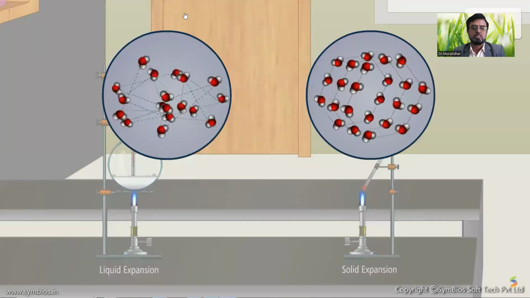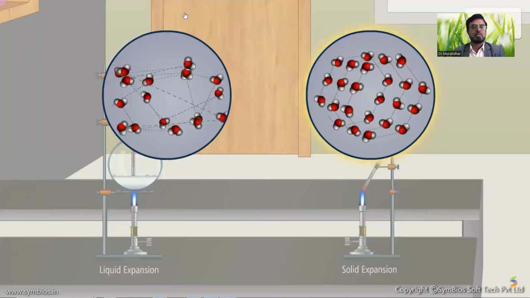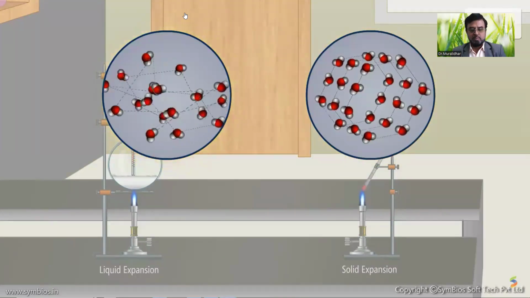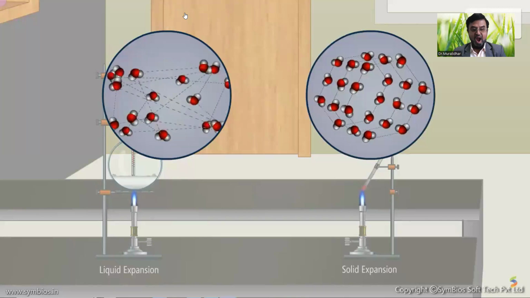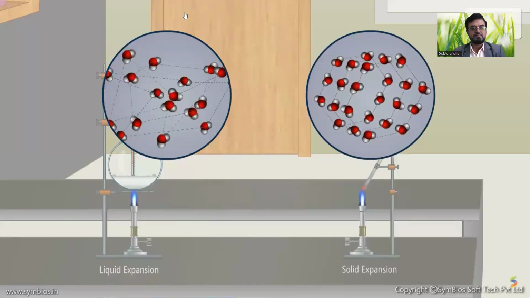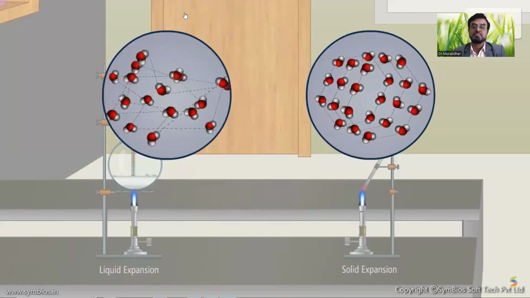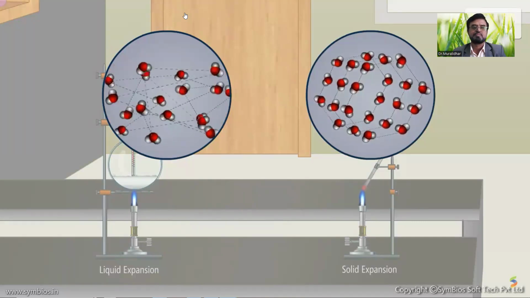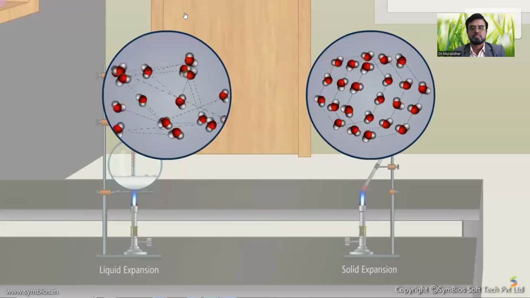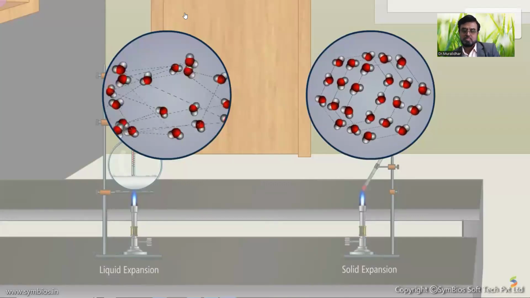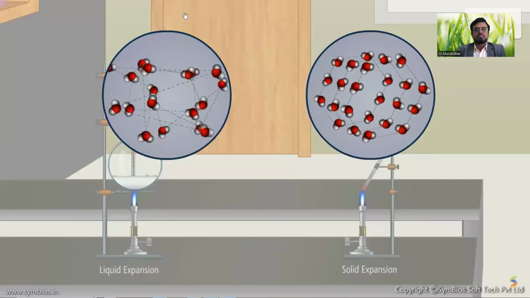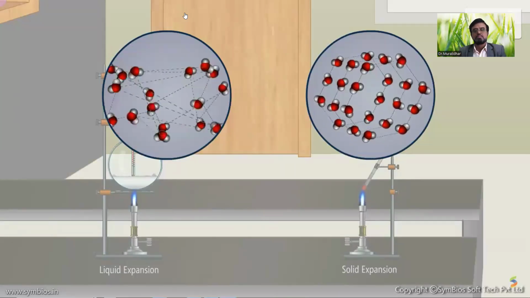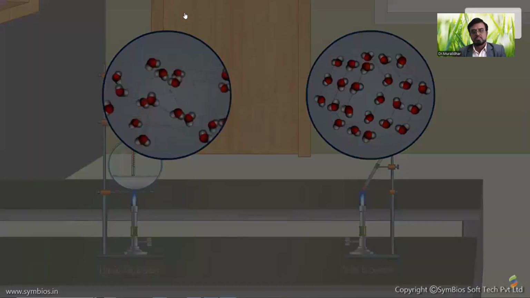The bonding of molecules in solids is more rigid compared to that in liquids, because of which liquid molecules move freely and rapidly, thereby achieving faster expansion than solids. The intermolecular distances after molecular collisions are more as compared to those in solids, and thus liquids show more expansion than solids for the same change in temperature.